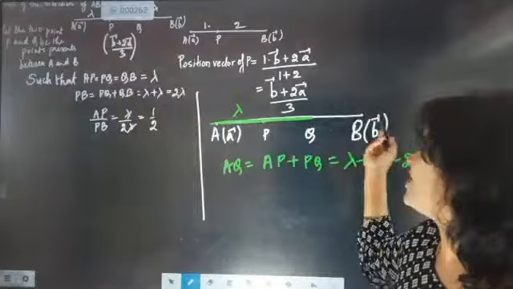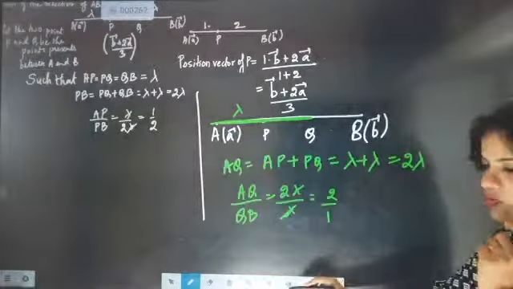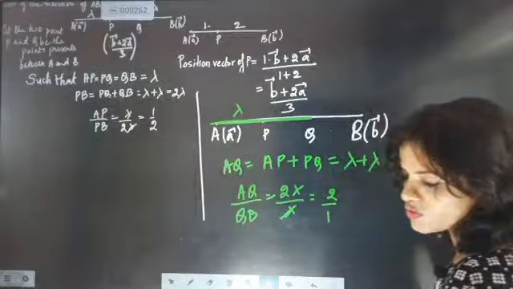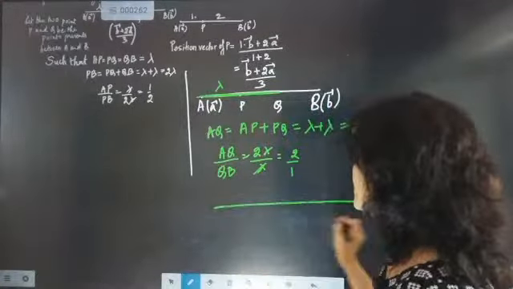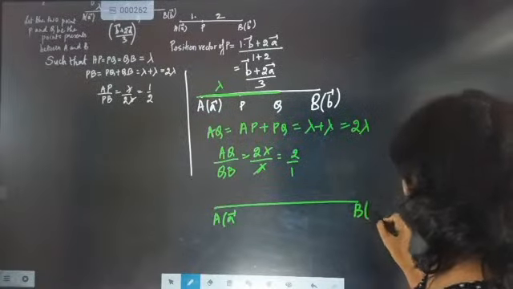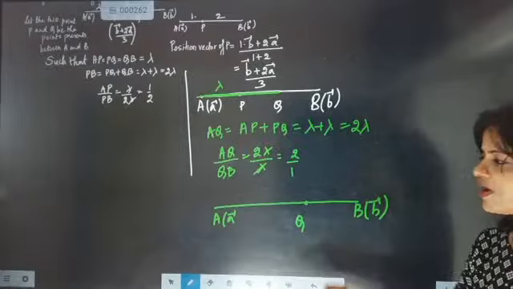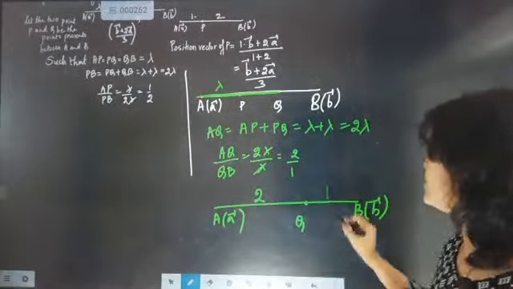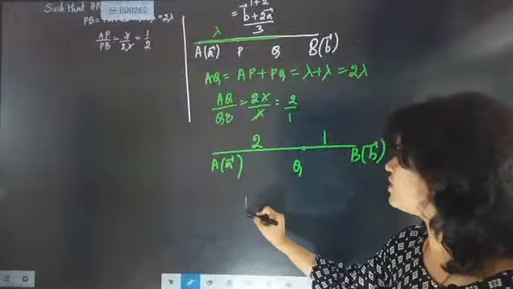So now the ratio is 2:1. If the ratio is coming as 2:1, then how are we going to solve the question? A is the A vector, B is the B vector, and here the Q point is there, and we have to find the position vector of Q, but we now know the ratio is 2:1. Then what will be the position vector of Q?